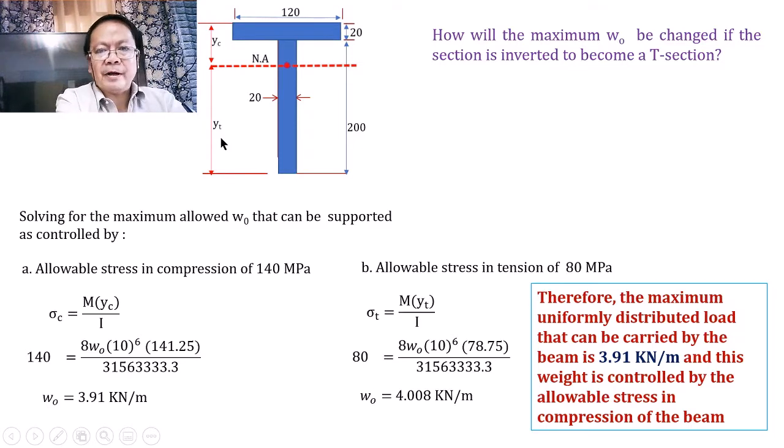As a matter of fact, they swapped. The former Y sub C became Y sub T, and the Y sub T became Y sub C in terms of value, but the position remains the same.